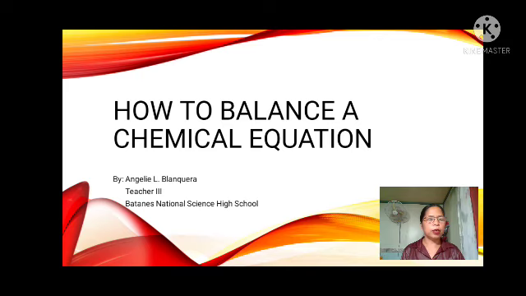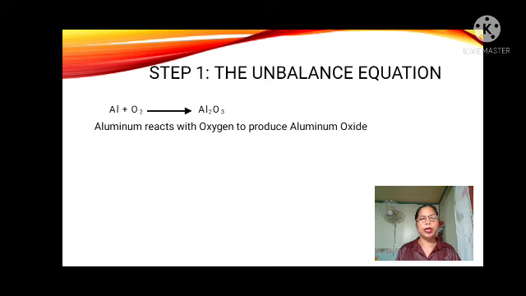So in order to make both sides equal, we need to multiply the number of atoms in each element until both sides are equal. So let's start with step 1, the unbalanced equation. Let's take this equation as our example.